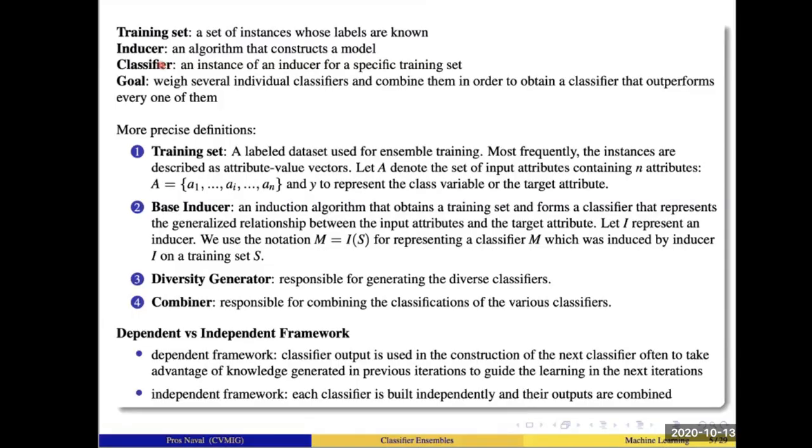It's just an instance of an inducer. The inducer is the same notion as the classifier that we have learned in the past. So take note of the change in terminology. Classifier here is not the same as the general term classifier. And the goal is to weigh several individual classifiers and combine them in order to obtain a classifier that outperforms every one of them.